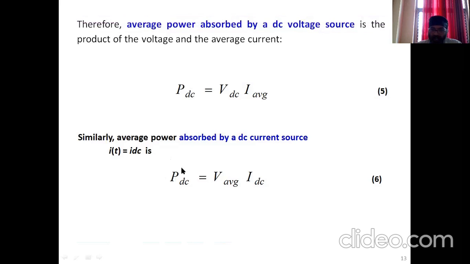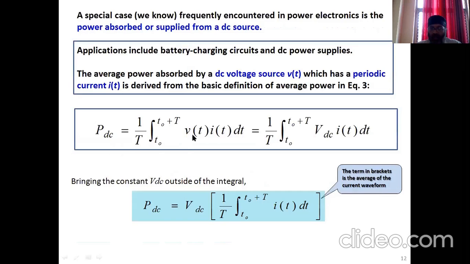Now another way of saying it is we have a constant current at the output, let's say of a transistor circuit. At the output of a transistor circuit, we have a constant collector current, but the voltage keeps on changing. This change in voltage is calculated just by using the average formula like this one. This voltage, we calculate its average value just by using this formula, v(t) multiplied by dt, integrated from any instant of time t0 to t0 plus T, divided by T, and we get V average.